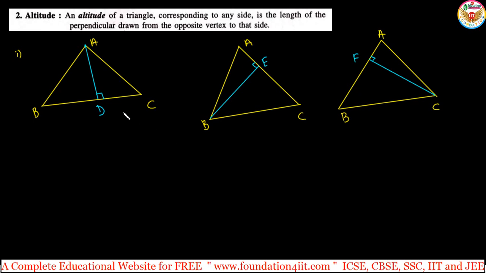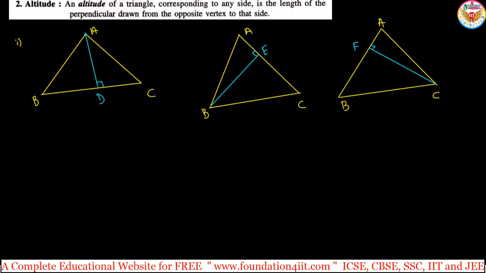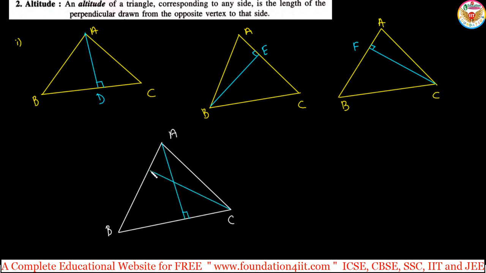Now these three altitudes also intersect at one point, that is called the orthocenter. Let me show you in a diagram. Let us take one triangle and draw three altitudes. Say ABC. As per the rule, from vertex A we draw a perpendicular line to the opposite side, at 90 degrees. And from C you can draw a perpendicular line, and from B also.